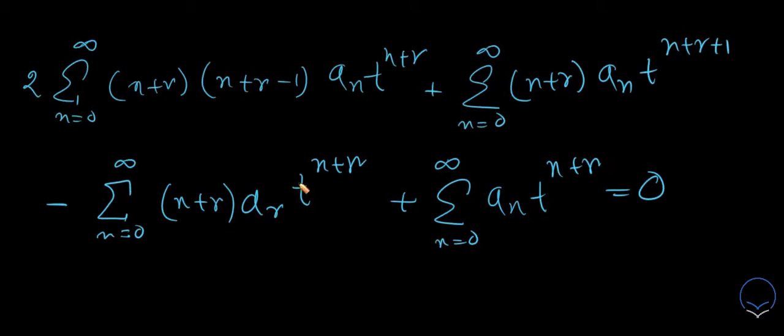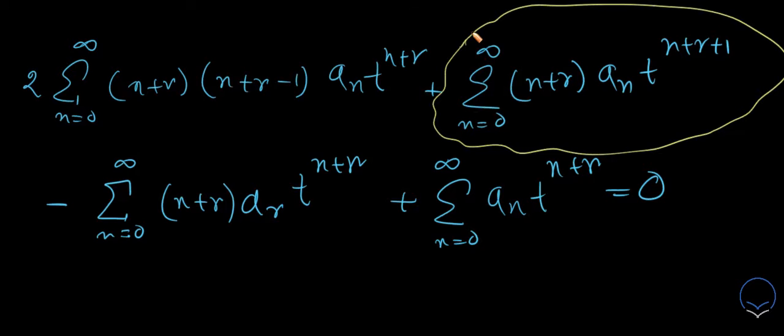We want to extract a factor of t to the power something, and here we have this n plus r, so we want to factor out t to the power n plus r. But we see that there are terms like t to the power n plus r plus 1.